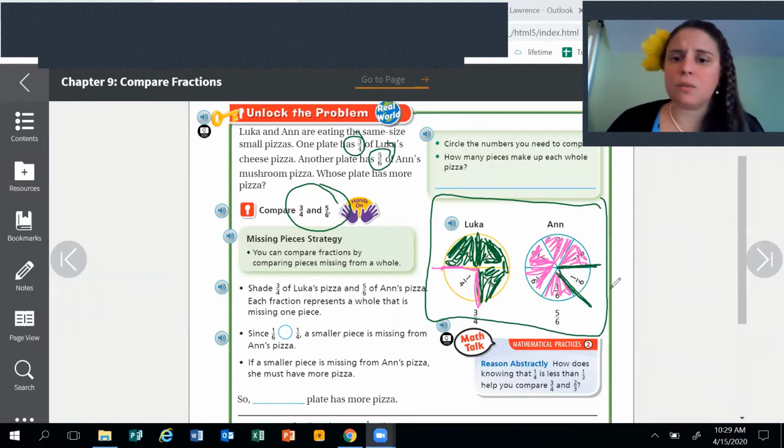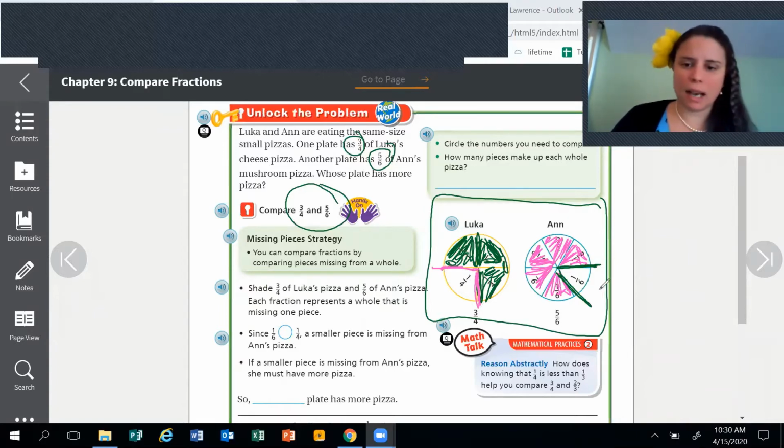Because today, instead of looking at the pieces we already filled in, we're looking at the pieces that are missing. So on this, Luca's pizza is missing 1/4. Anne's pizza is missing 1/6. When you look at them, they're almost the same size, but not quite, right? One of them looks like it might be a little bit bigger than the other.